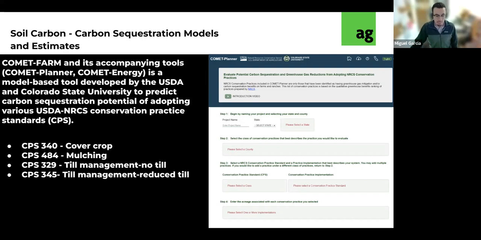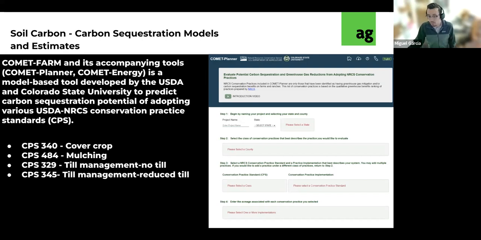And this gives us metric tons of carbon dioxide that would be sequestered if the conservation practice in question were to be adopted. So if you tell me I have 100 acres, I've been tilling regularly, what would happen if I stop tilling? So this tool will give you an estimate of how much carbon you would be preventing from going to the atmosphere and how much carbon would stay in the ground if you were to reduce your tillage by acreage. Now, this is a model, so it is based on several peer-reviewed research papers, but it is a model. So it is not perfect.